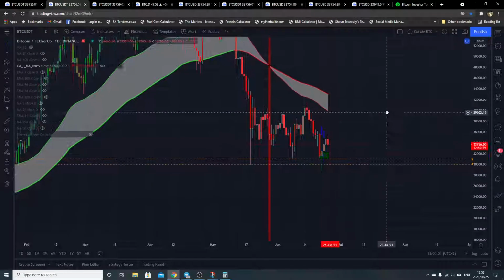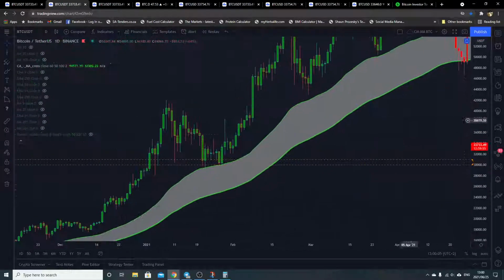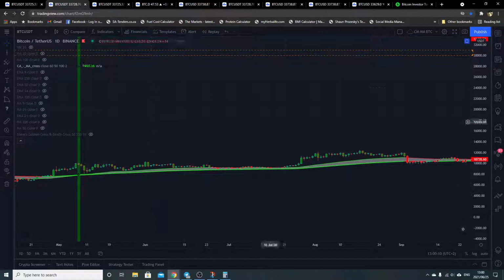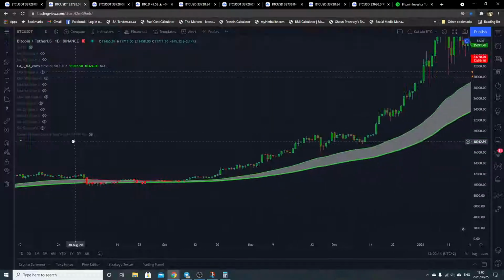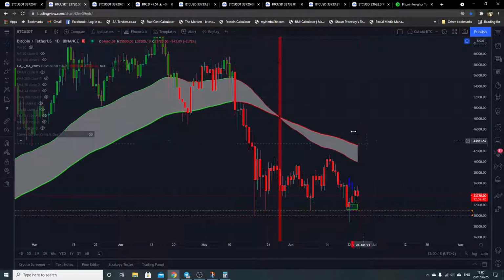I'm going to be bullish only when we get another flip. So when we get a green buy signal, and we get a flip of the EMAs on the daily time frame, that's when I know we are going bullish on the daily chart.